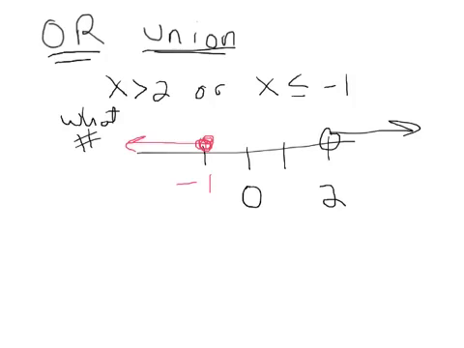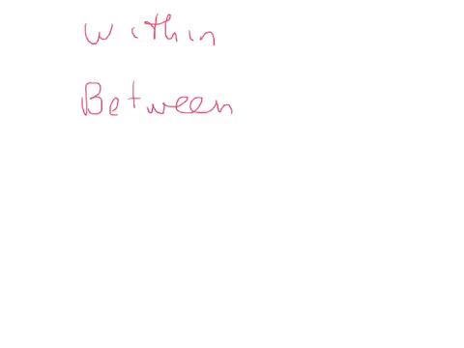This is a great time to talk about the words "within" or "between." When we're talking about within, we are using a less than or equal to sign or a greater than or equal to sign. The key thing here is the equal to sign. So if I were to say within 20 to 40, I would include the 20 and the 40 in my counting.